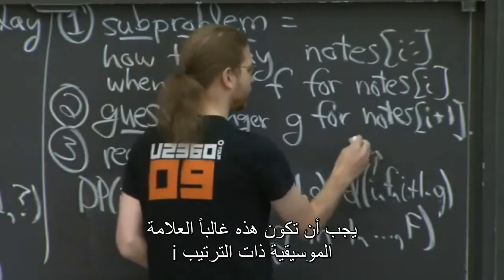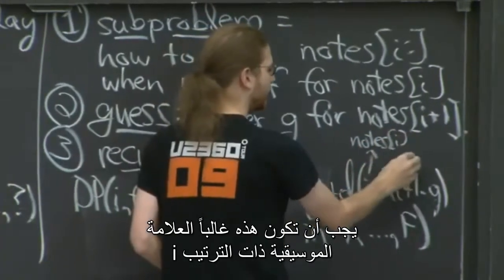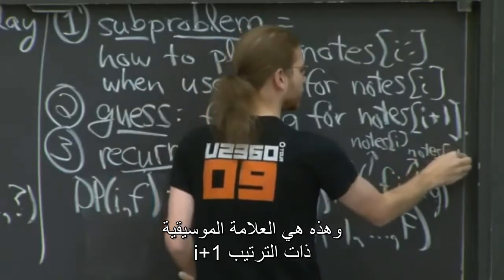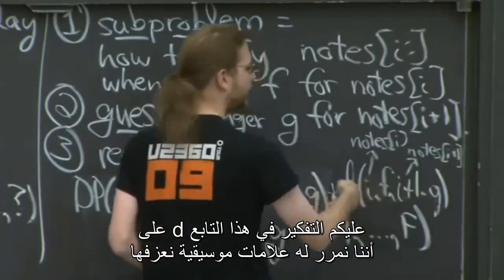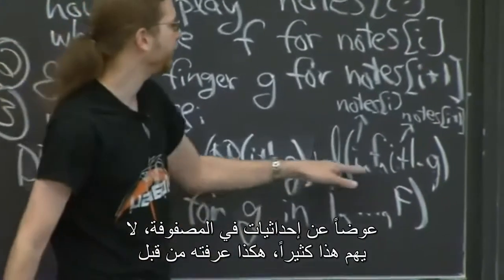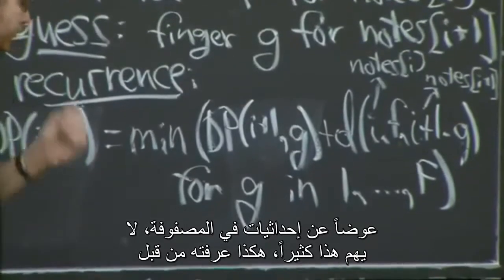This should probably be the note, what is note i, and this thing should be what is note i plus 1, if you think of this d function as just being given notes, pitches that you need to play, instead of indices into the array. It doesn't really matter, but that's how I defined it before.